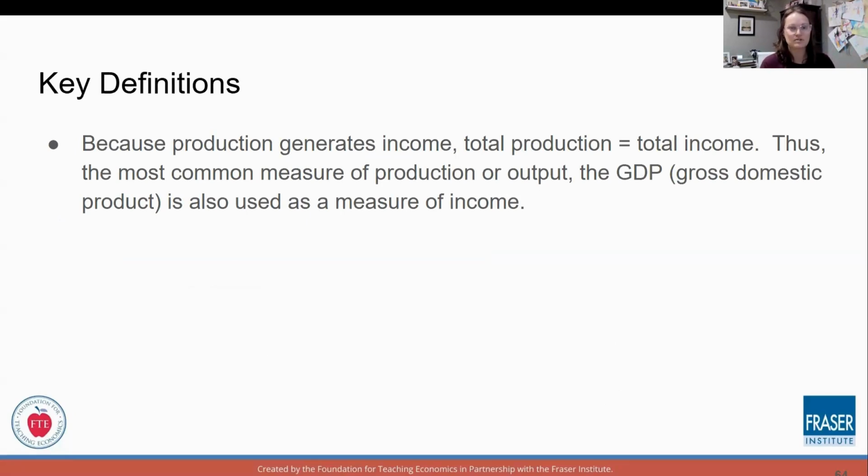Because production generates income, we talk about total production, which is total income, and that's why we use GDP. GDP and GNI, gross national income, are very similar measurements because in general, what you produce is your income as well.